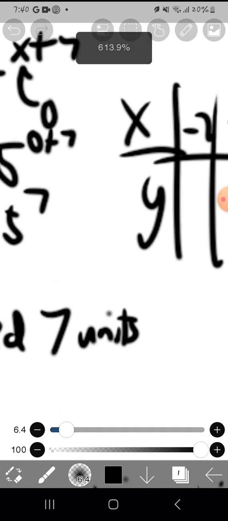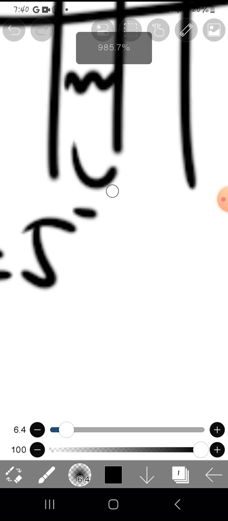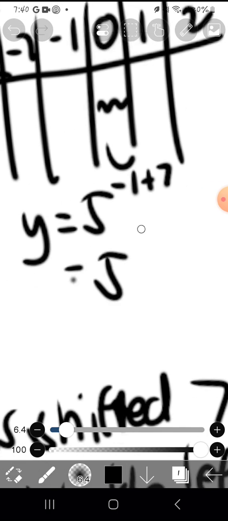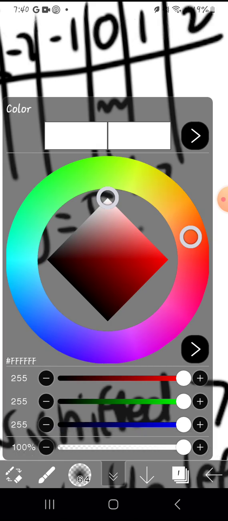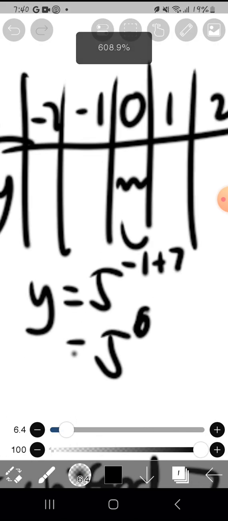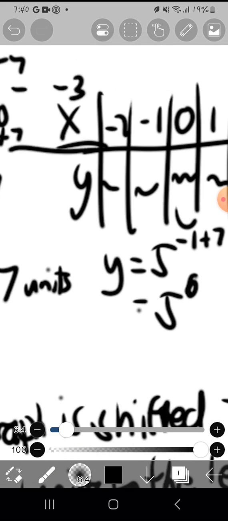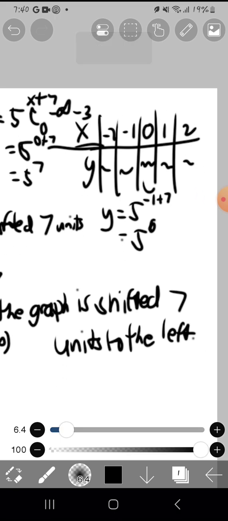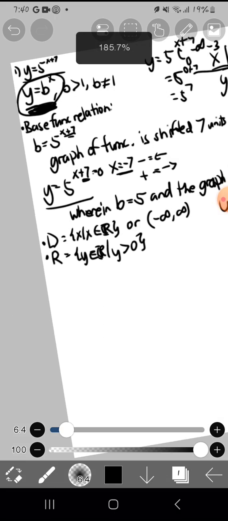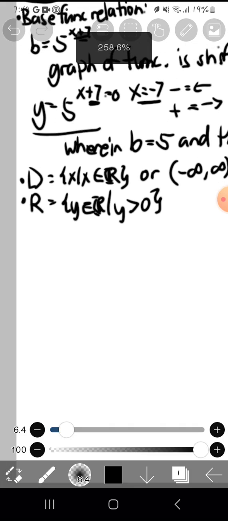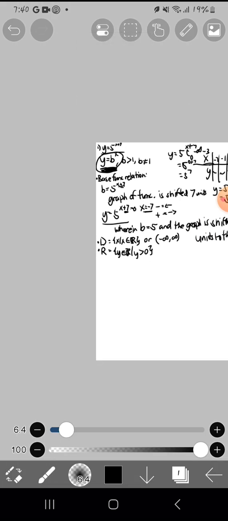Magiging y equals 5 raised to -1 plus 7 equals 5 raised to 6. Edi malaki rin siya. Basta, pag i-continue mo hanggang -3, -infinity, lahat ng values of y is positive or greater than 0. Kasi wala siyang restriction as compared sa other numbers, let's say letter B, letter E or letter D sa assignment.